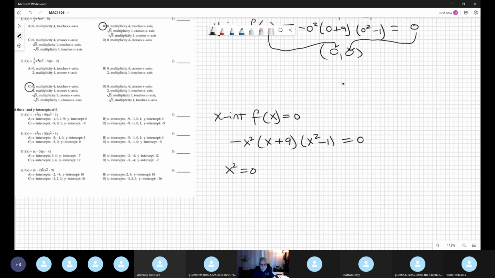And you ask, well, professor, what happened with this negative? This negative is not important. This negative works like a negative 1, and it is a factor that is never 0.